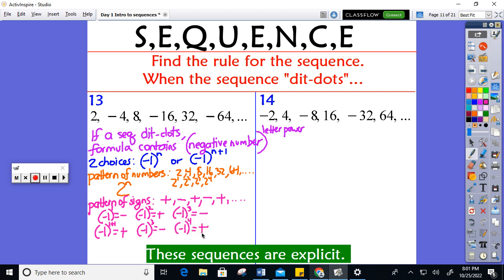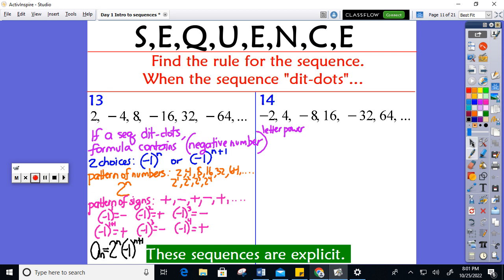That's positive. Aha! That's it. Now it's going plus minus like I want. So put it all together and you get a sub n equals what you started number-wise, which was 2 to the nth, times the sign part, which is -1 to the n plus 1.